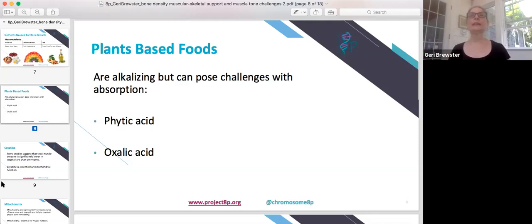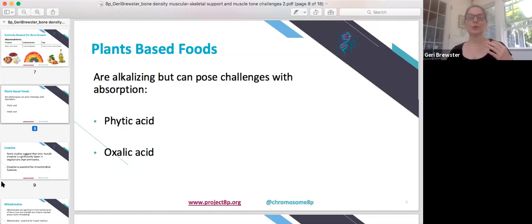Now, they're there for good reasons within the plant, and they can be okay reasons even for us as humans, especially the phytic acid, right? Because the phytates can really run interference with iron absorption. And because iron can be toxic to the body, you want to make sure that you're not over absorbing iron.